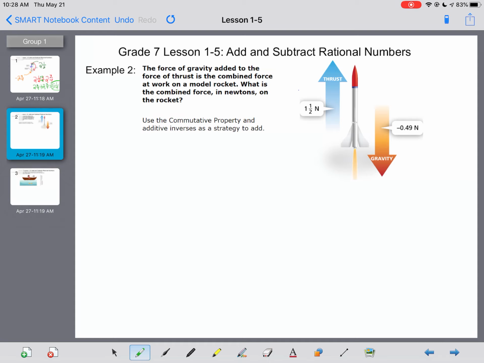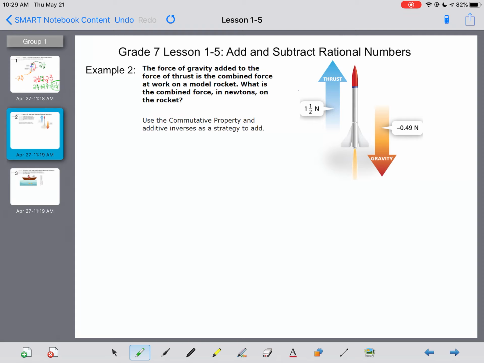Okay, example 2. The force of gravity added to the force of thrust is the combined force at work on a model rocket. What is the combined force? Here it says use commutative property and additive inverses as a strategy to add. So let's figure this one out. I see 1.5, and that's thrust going upwards, and gravity is always pulling us down.